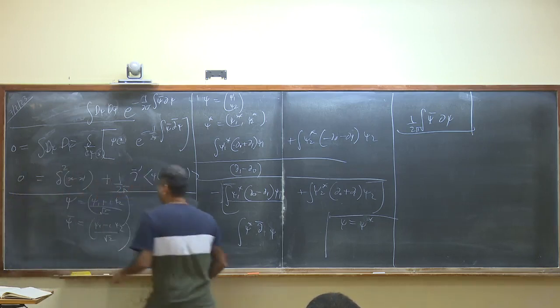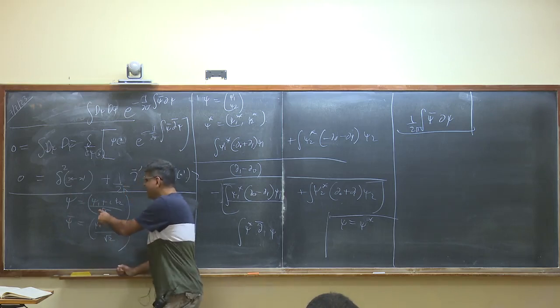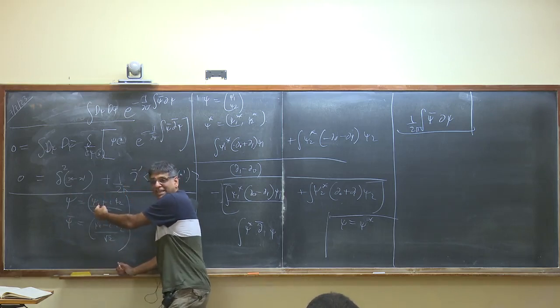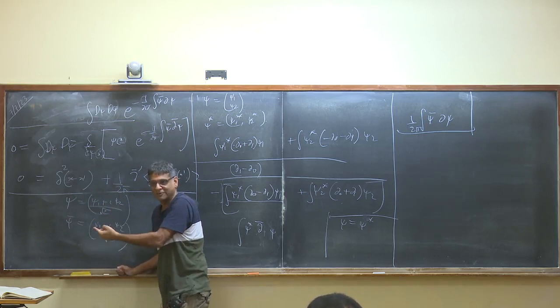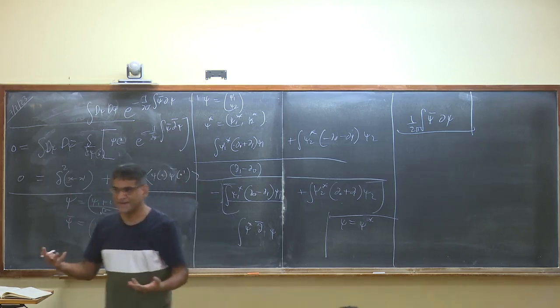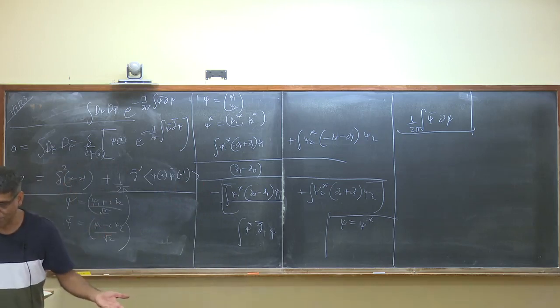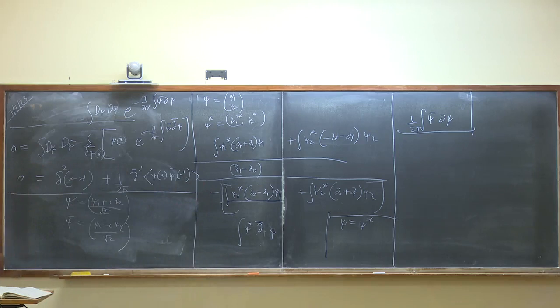Now, when I write del by del psi bar, think what I'm doing is the appropriate chain rule differentiations on psi 1 and psi 2. Do you understand what I mean? You can differentiate with respect to psi 1 and psi 2 independently. They're just independent real fields. And then you can differentiate with arbitrary linear combinations. I'm going to choose the linear combinations that would make this del by del psi by the chain rule.